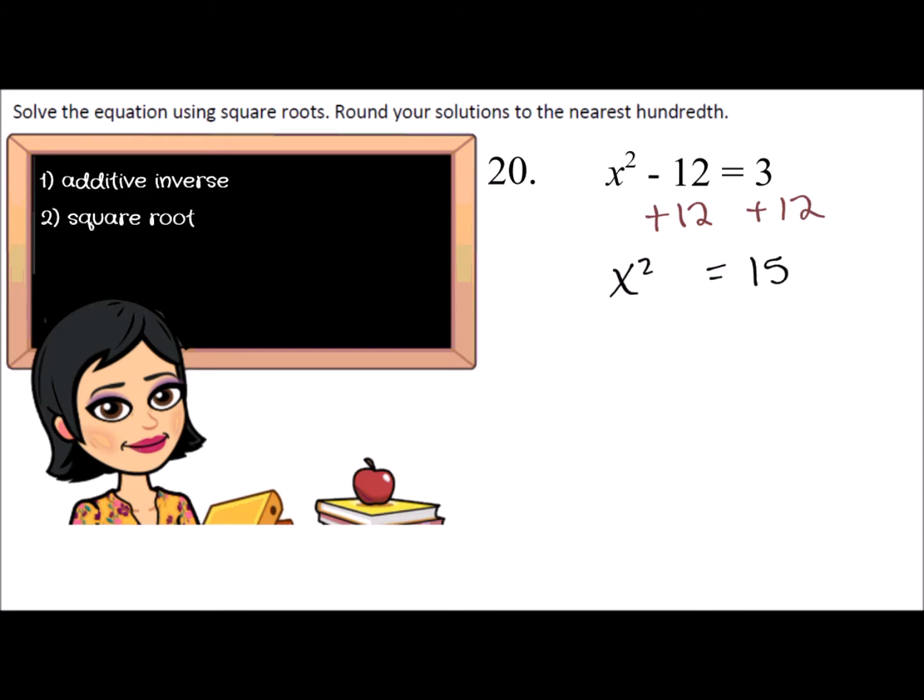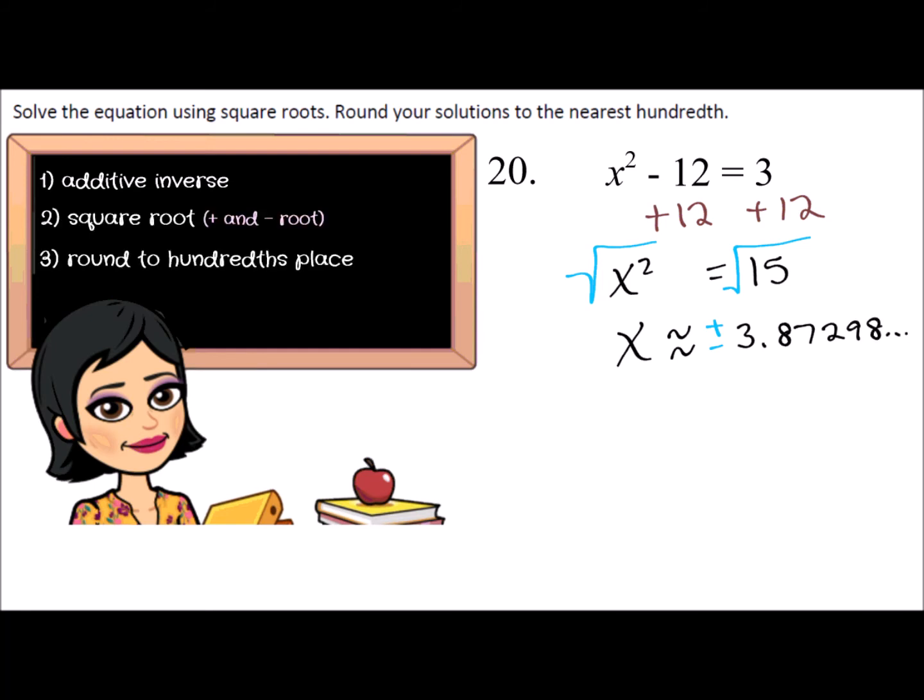On number 20, our first step is to add the 12 to both sides of the equal sign. That's our additive inverse. Now we're going to take the square root of both sides of the equal sign, and that'll give us x. I've got this irrational value, 3.8729, and so on and so on.